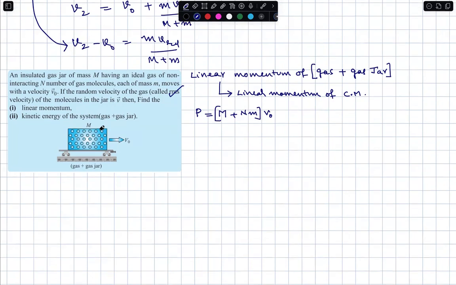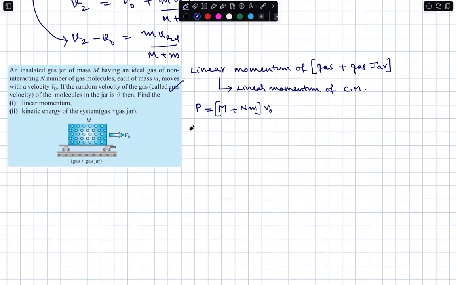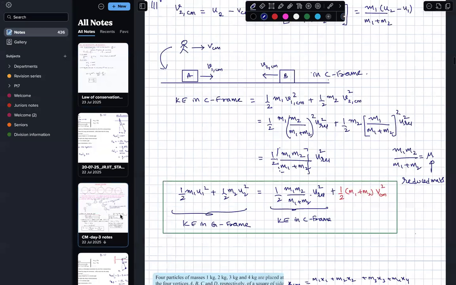Now, what is the kinetic energy of the system is what they were asking. The kinetic energy of the system is KE in the C frame plus the kinetic energy of the center of mass. Already I have discussed that, I'll just show you that again. Here it is.